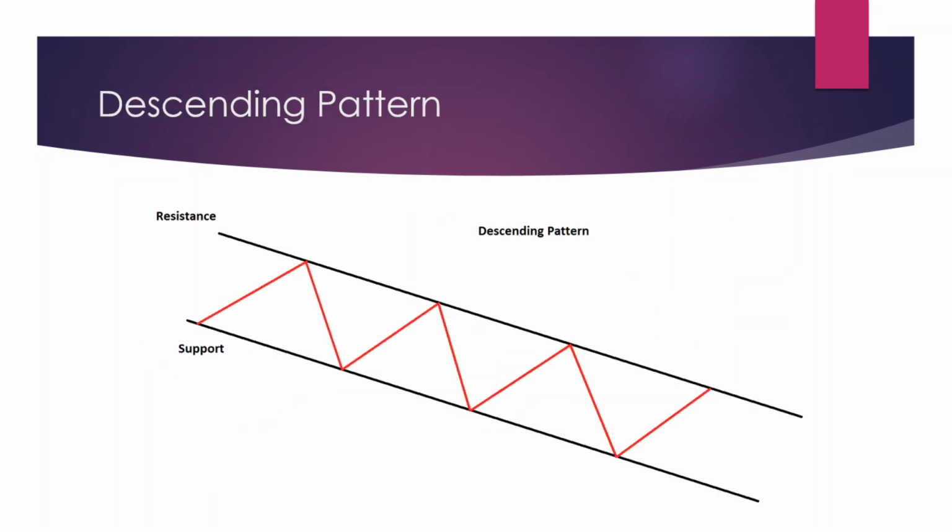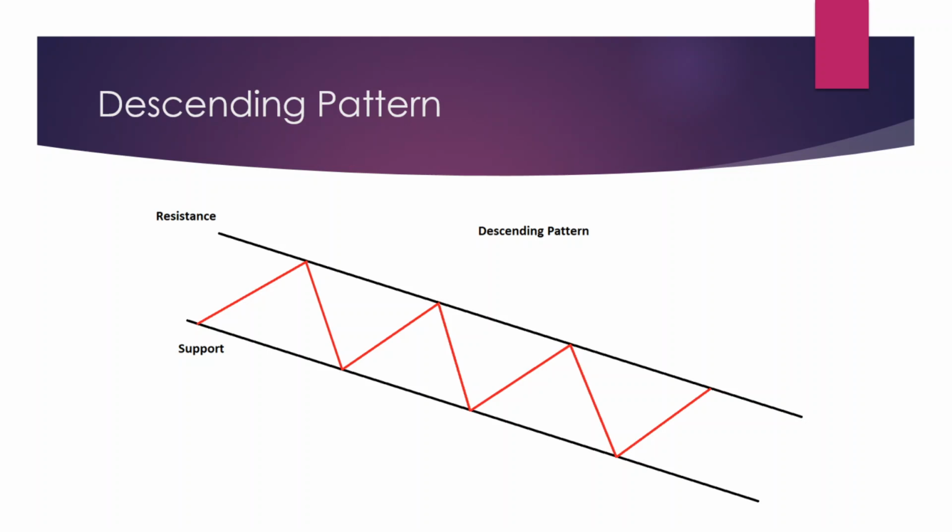And then now we have the descending pattern. And this one is a little bit more risky, and I personally don't really like to trade it. So in this pattern, the stock is making lower highs and lower lows. And if you're going to be trading this one, you're going to be trading against the pattern.